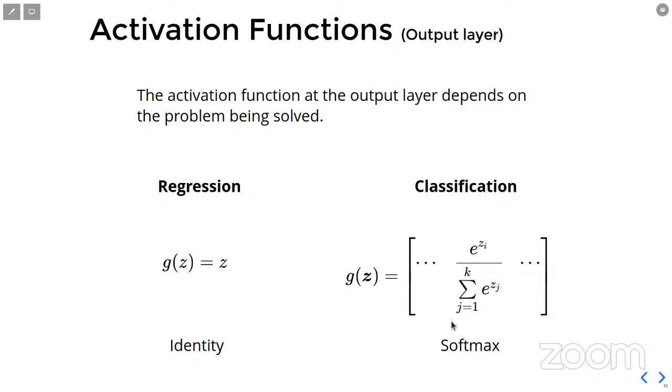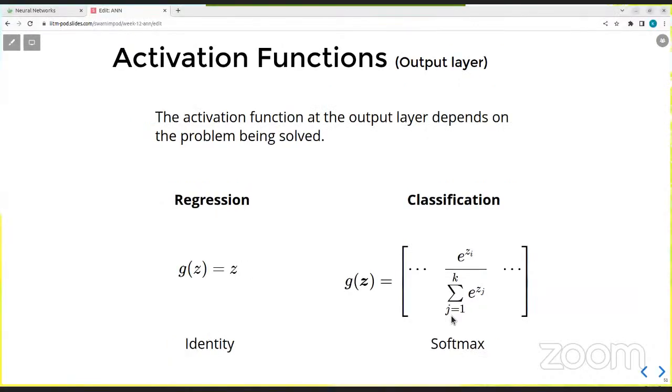If you look at a few other references, they would have used sigmoid instead of softmax even for multi-class.